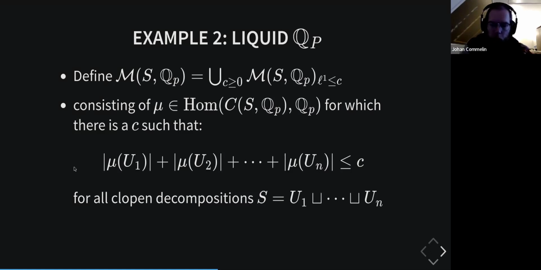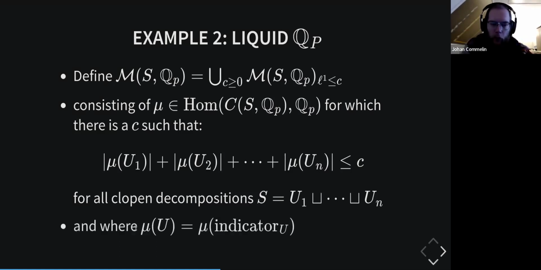So I'm abusing notation a bit. Whenever I write mu of u, I just mean mu applied to the indicator function of u. So we could apply our linear function mu to those indicator functions, end up with something in QP, take the norm of that number, add up all those norms, and require that this is bounded.